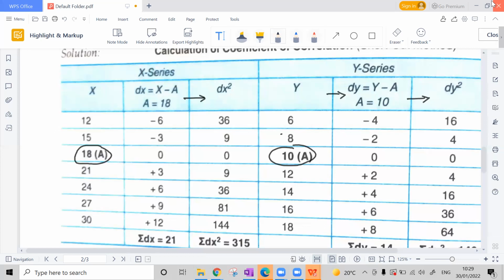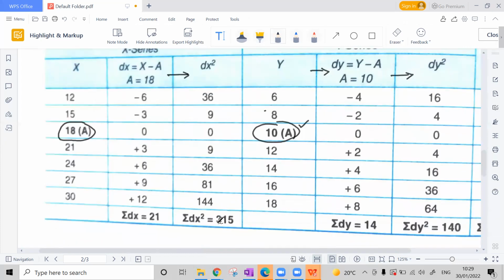Now we will calculate dy. For dy I have taken the assumed number as 10. And with the assumed number 10, we have taken the deviations and then dy. Now the only thing left is the formula. So for dx square, you have to calculate summation of dx also in your shortcut method, and you have to calculate summation of dx square.